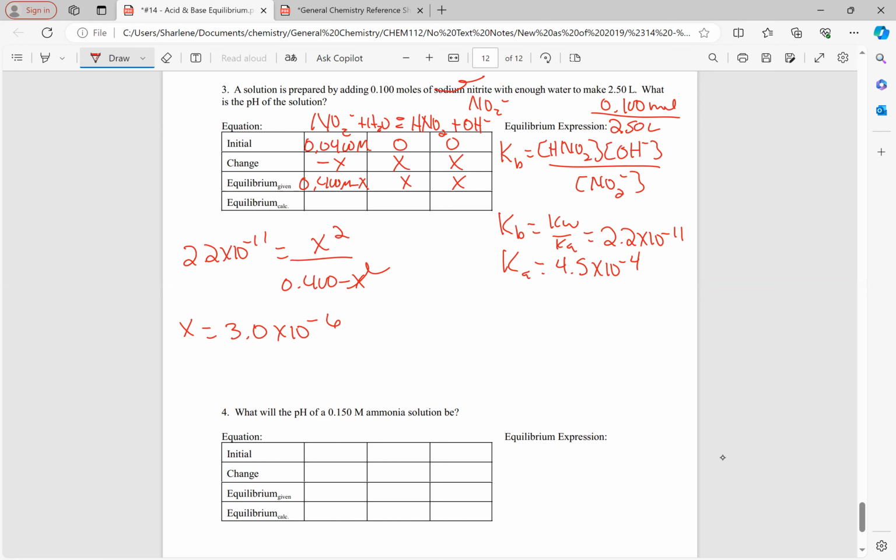Do it again, 2.96 times 10 to the negative 6th. All right, let's check it against 0.0400. Wow, definitely less than or equal to 5%.